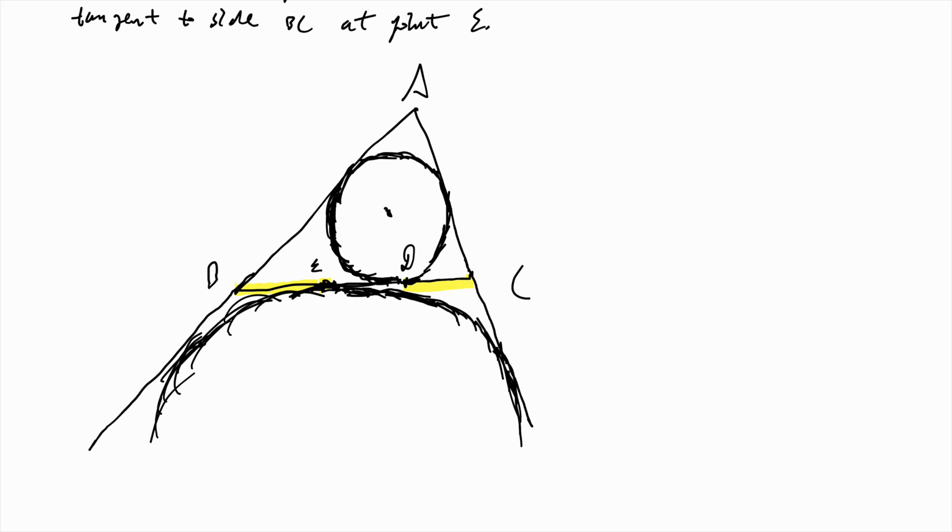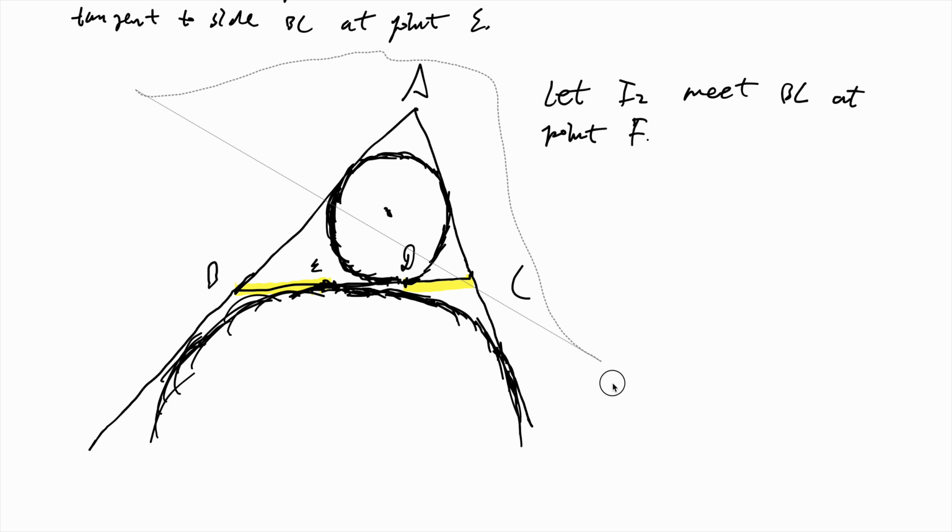Let's just say that I sub 2 meets BC at point F. We don't know if it's E yet, we're just going to say they meet at F.